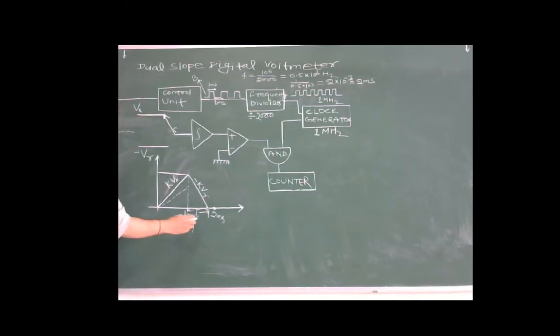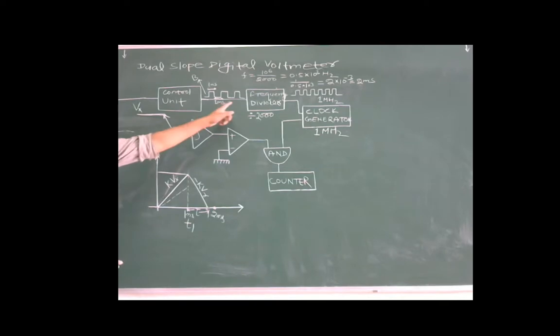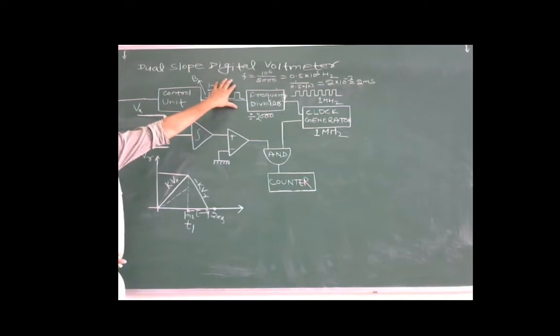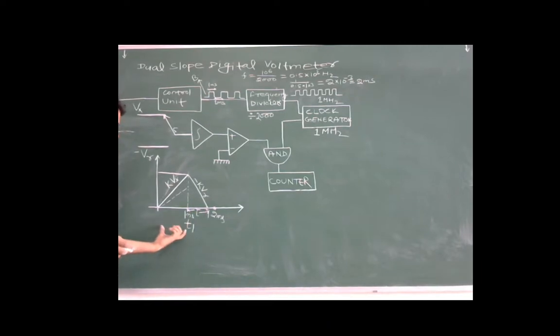So in this case, I have to calculate the value of tau only, because this time is known to me, because the frequency of this signal is known to me.